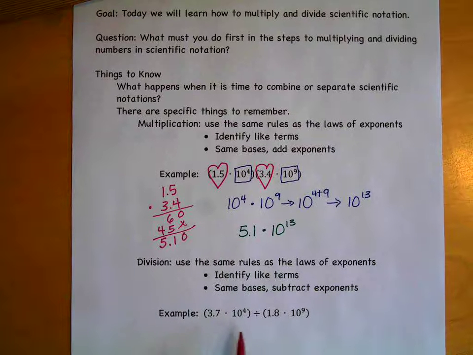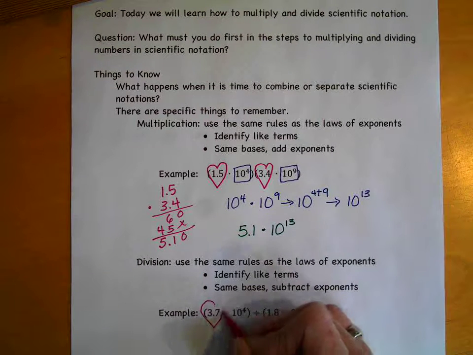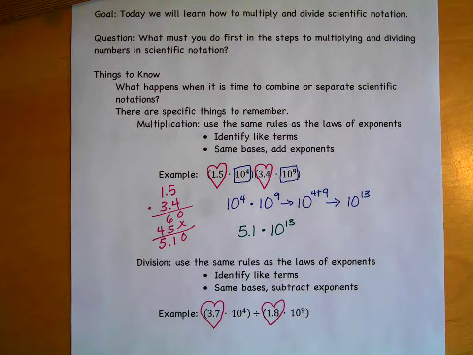Let me start again, sorry. We have 3 and 7/10 times 10 to the fourth power, except we're dividing it by 1 and 8/10 times 10 to the ninth power. Our like terms for this problem are 3 and 7/10 and 1 and 8/10.